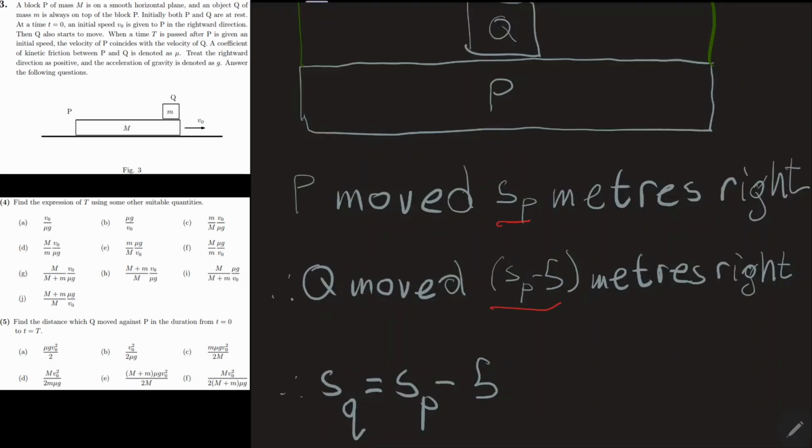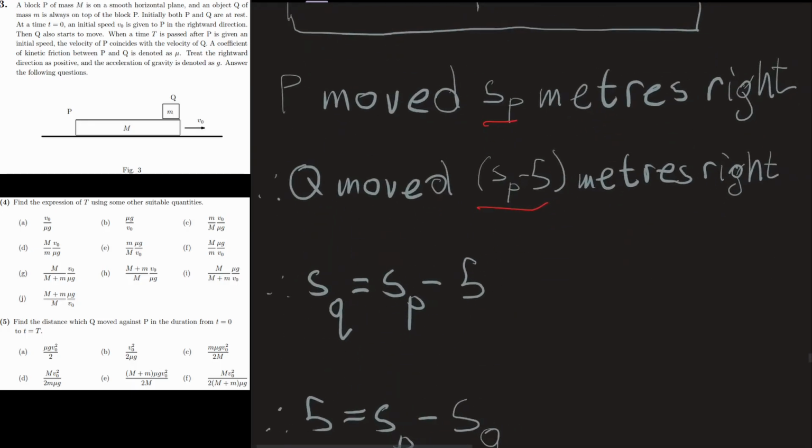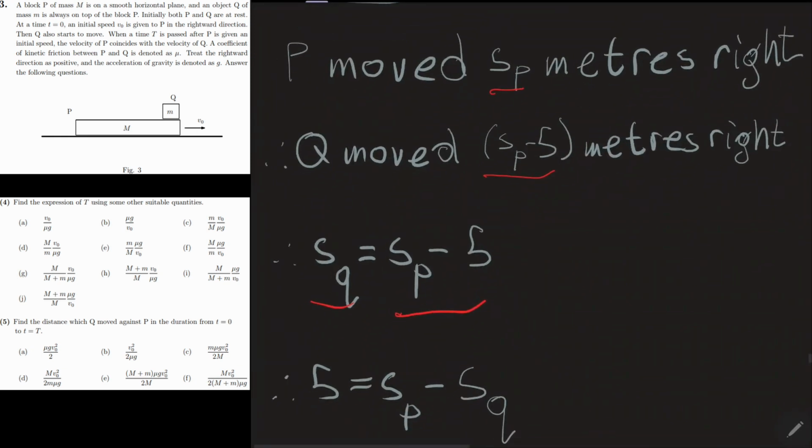If Q moved the same distance as P, then it would still be at the end of P, but it is now in the middle of P, 5 meters from the edge. So it moved a distance 5 meters less than P did. So the distance that Q traveled, call it S sub Q, is the distance that P traveled, S sub P, minus 5 meters. Rearrange, and we find that 5 is equal to S sub P minus S sub Q.